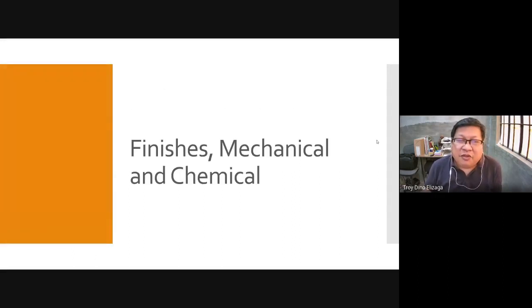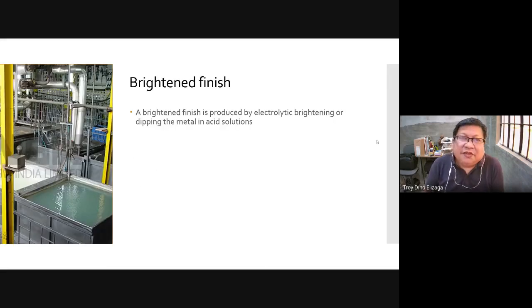Okay, so let's go to finishes. First is a brightened finish. It is produced by electrolytic brightening or dipping the metal in acid solution.